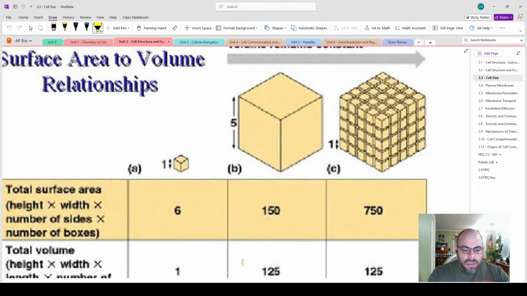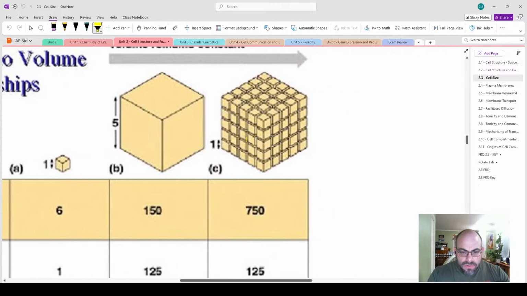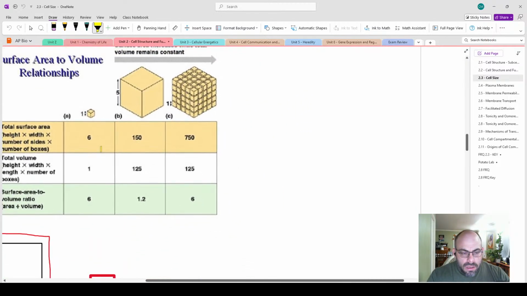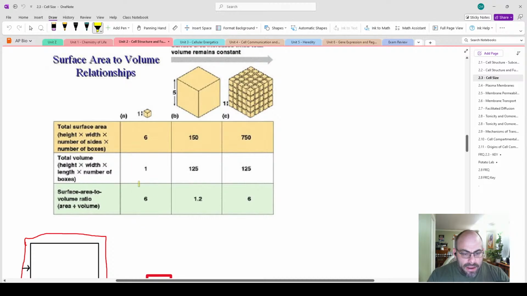So it would be more efficient to have a bunch of these little cells, 125 little cells, rather than one big one. It's kind of like the Sonic ice versus the big 5-pound block of ice. And so it is more efficient to have a higher surface area to volume ratio than a lower.